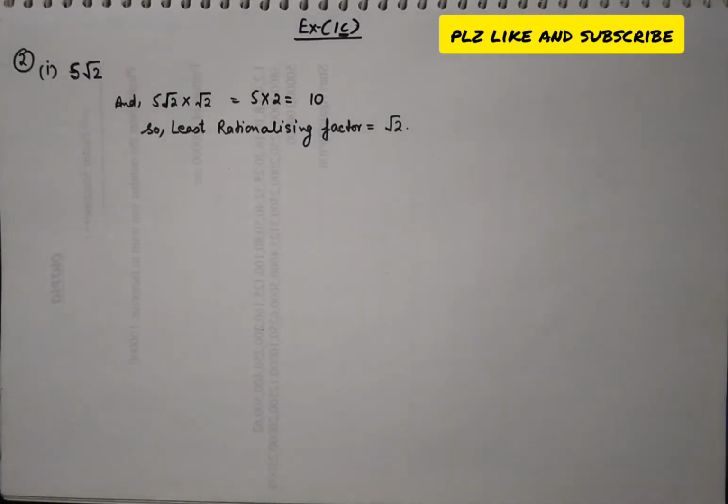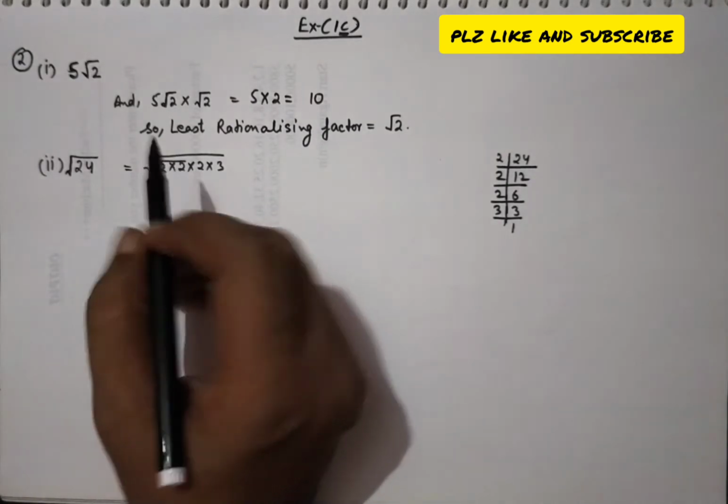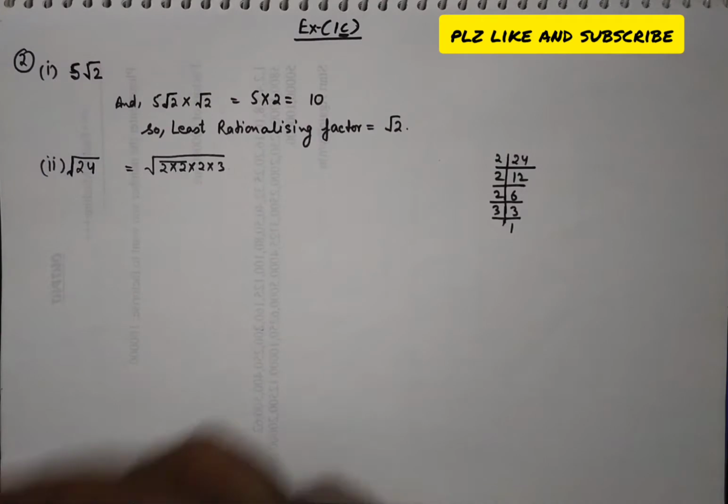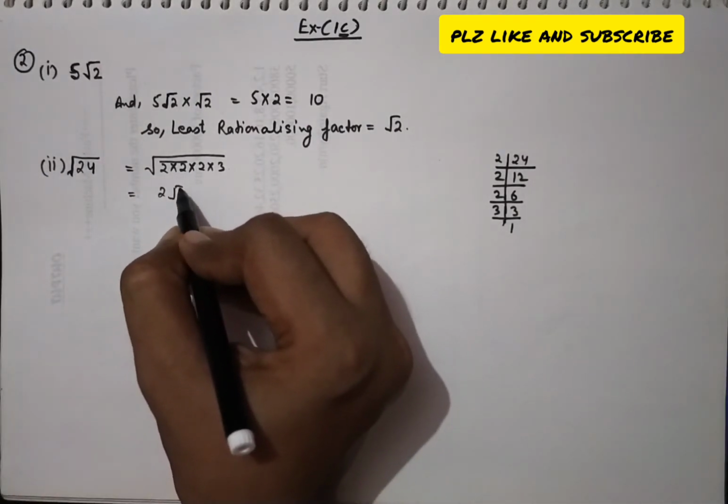Now, let's see the second part of this one, root 24. First of all, we will find the prime factors of root 24. The prime factors we have got are 2 times 2 times 2 and 3. We can pair them, and on making one pair, it can be brought out and this can be written as 2 root 6.